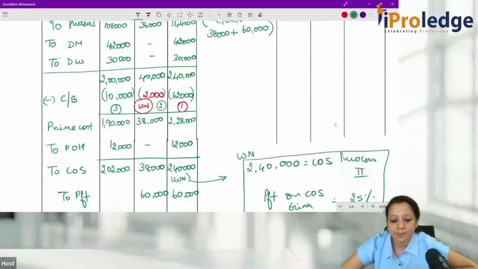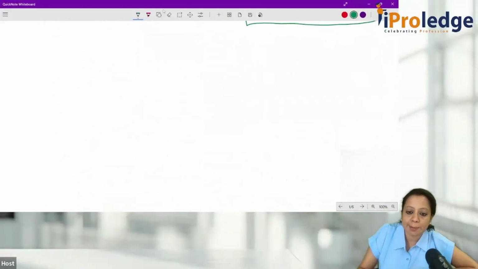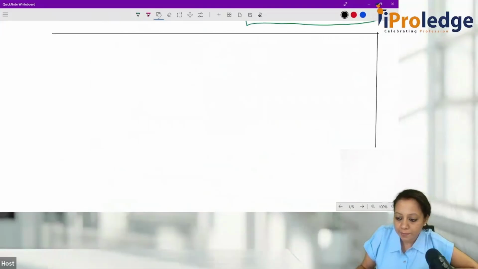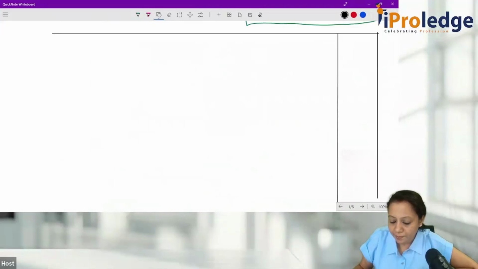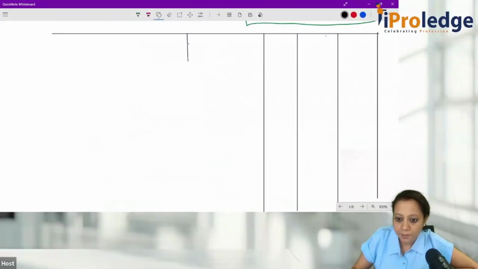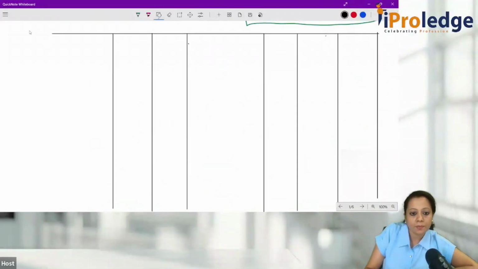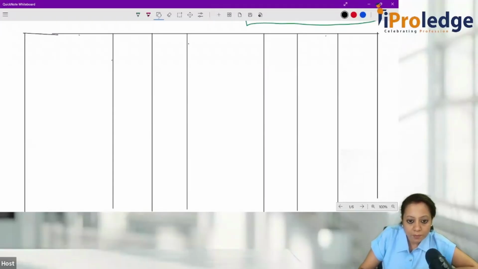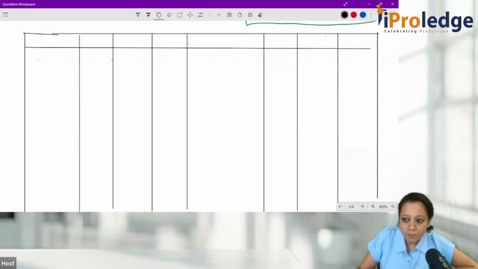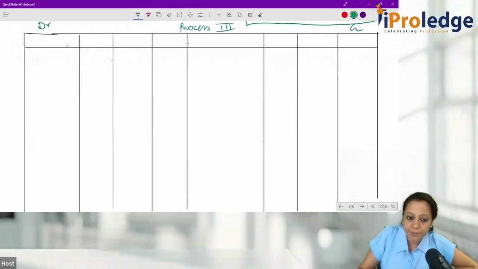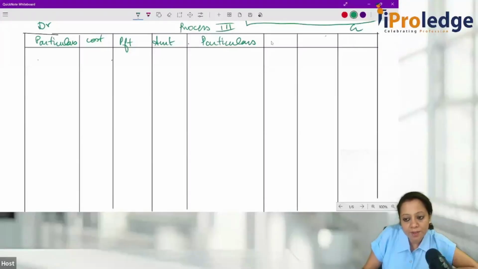So now we will go to process three. Process three should be a little easier. Cost, profit, amount, particulars.